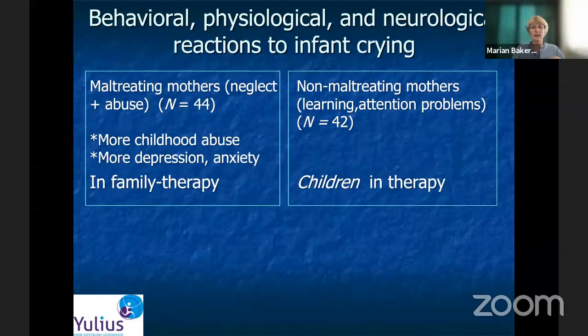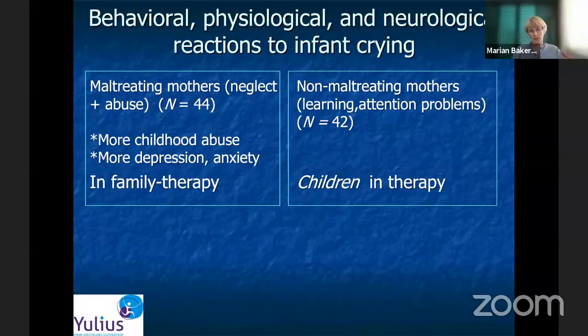So we did a study in a healthcare facility, in fact, where both maltreating mothers and non-maltreating mothers with their children were included. The non-maltreating mothers had children with a problem, a learning problem or attention problems, where the children were in therapy.